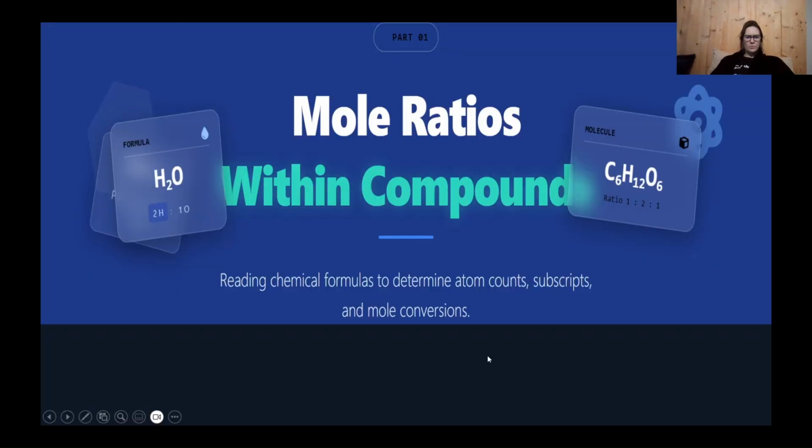So we're going to start out with mole ratios within compounds first because that's a little bit easier. We're going to base this on the chemical formula in order to determine how many atoms or molecules of something are in that compound.